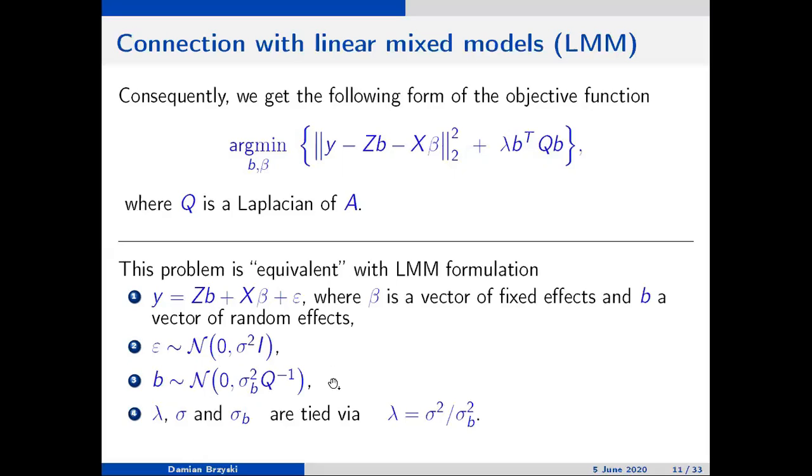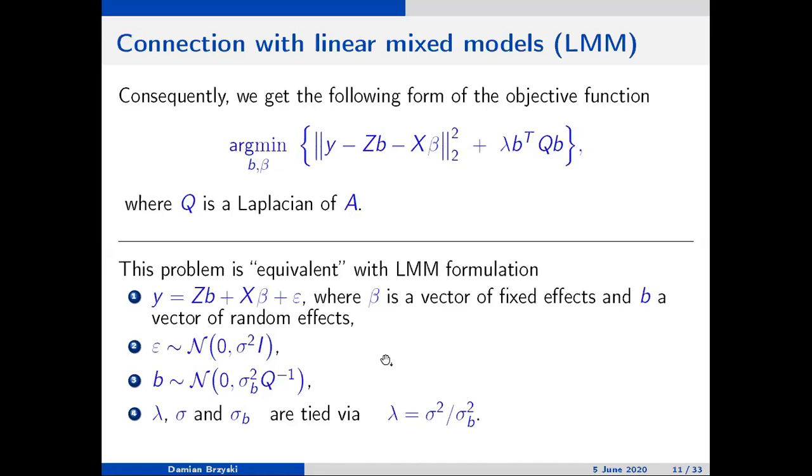And also when you assume some distribution on B, and in this distribution you need to use the inverse of the Q matrix, then it turns out that you have equivalence with the optimization problem which you can see on the top of the slide. How may this equivalence be described?